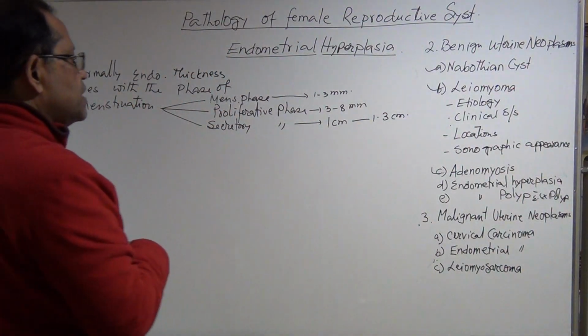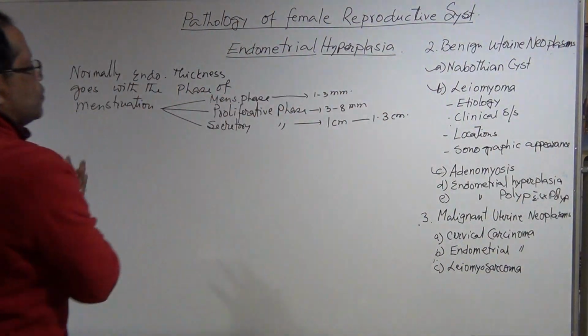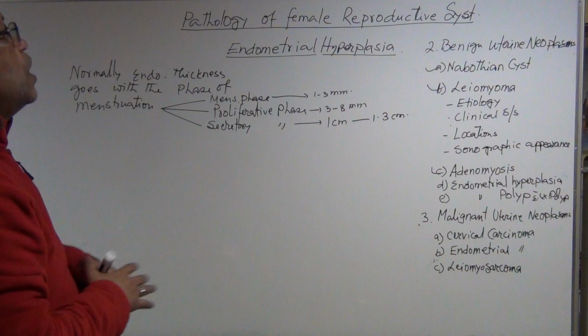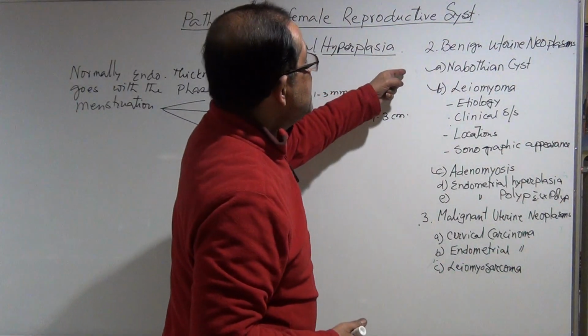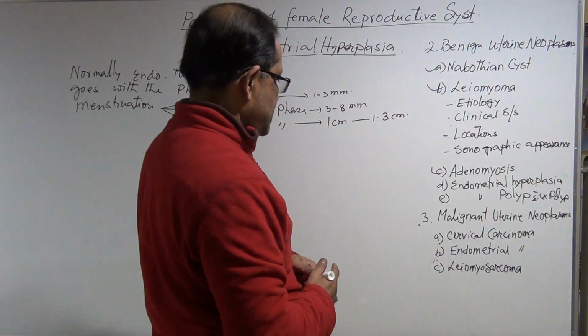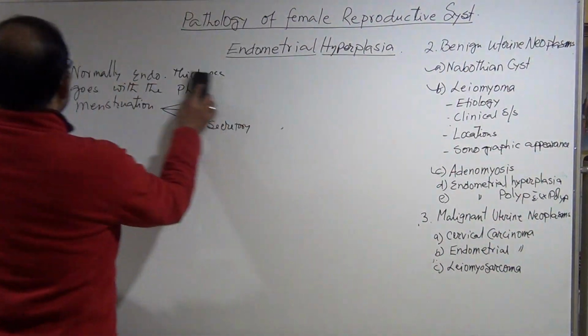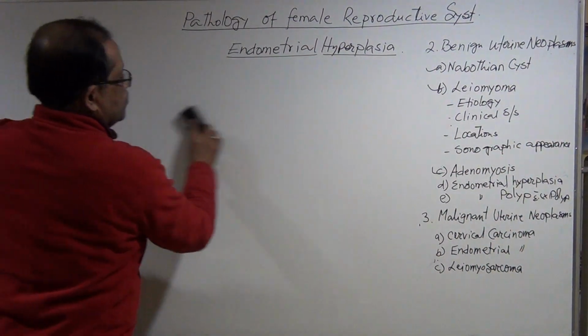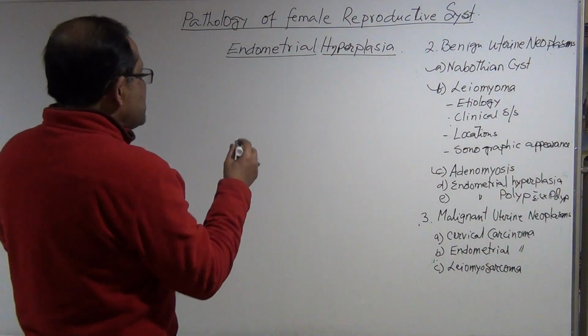Triple stripe endometrium. Okay, so this is the normal, and we need to compare what we see now when the endometrium is hyperplastic. Okay, so now endometrium, correct measurement of endometrium is very important.